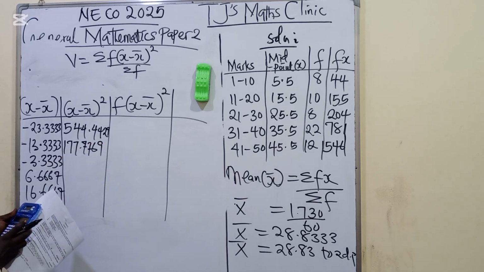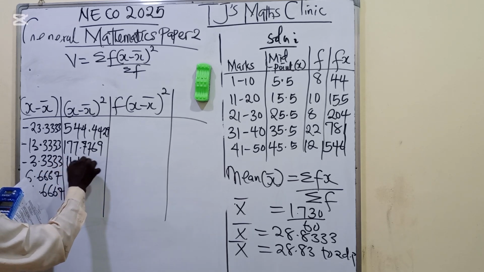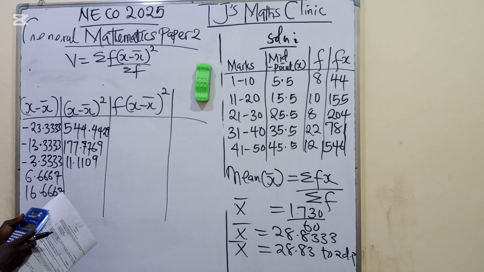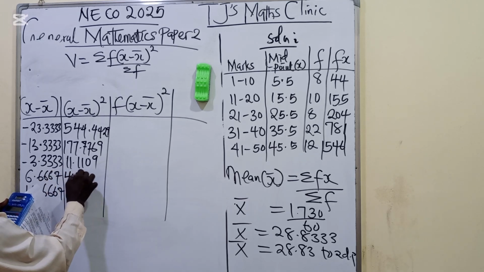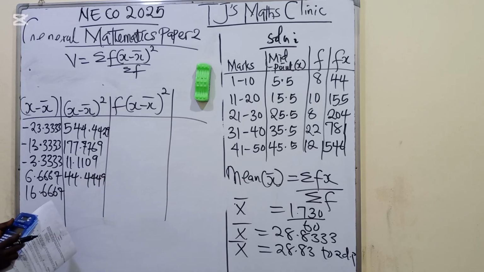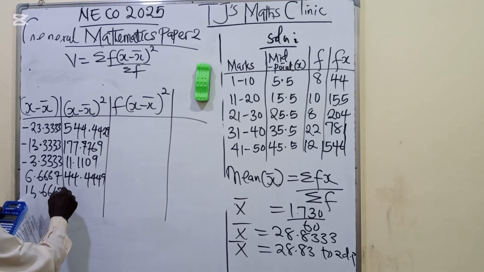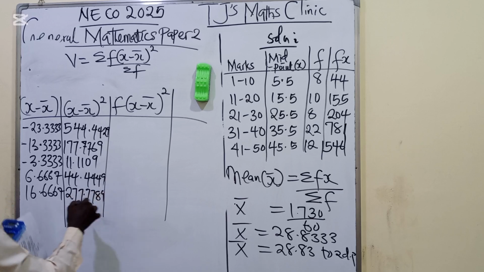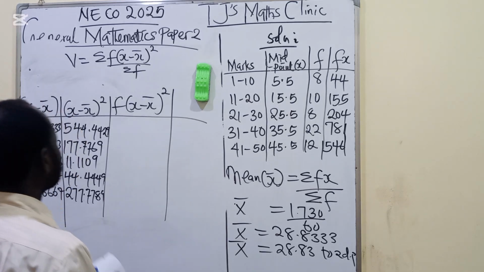Next, 3.3333, we square it, that will be 11.1109 approximately. Then we have 6.6667, we square it, we have 44.4449 approximately. 16.6667, we square it, that will be 277.7789 approximately.